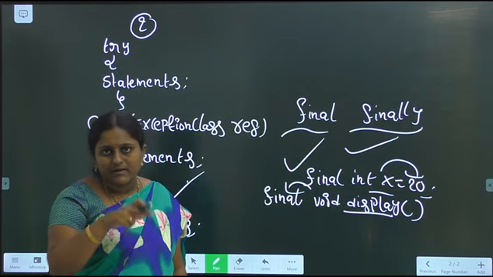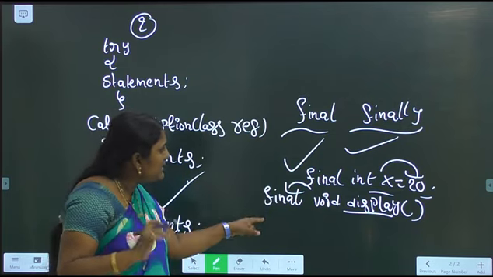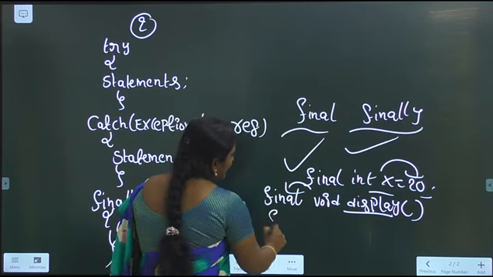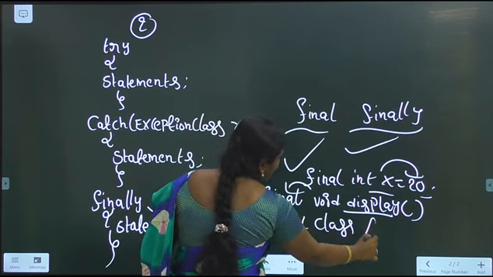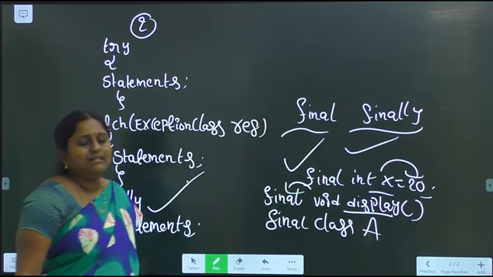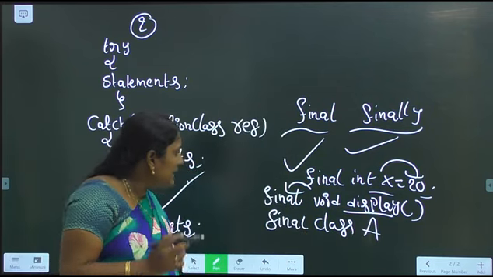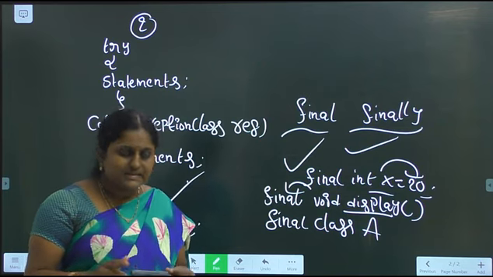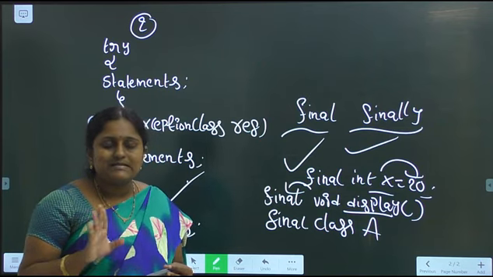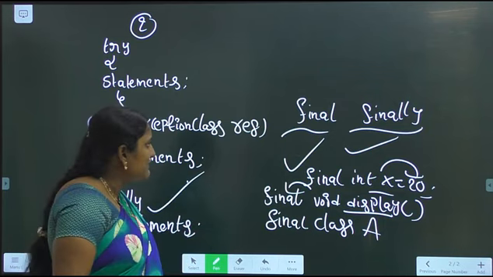That method cannot be overridden in the subclasses. Next, a class can be declared as final. Suppose final class A. The class cannot be extended by other classes because final classes cannot have subclasses. Final classes have only superclasses. This is the final keyword.